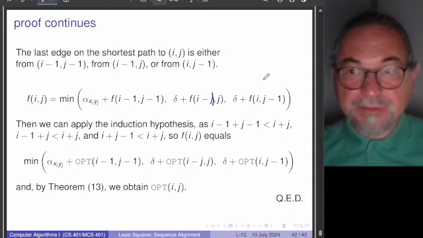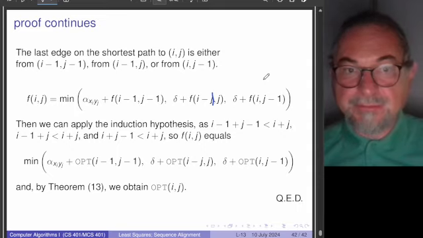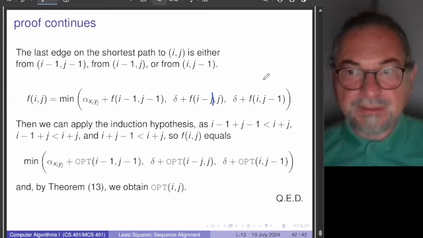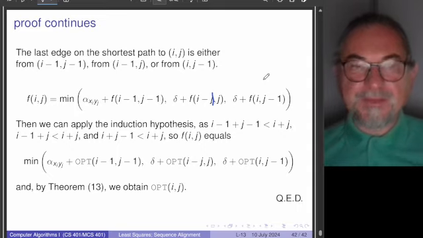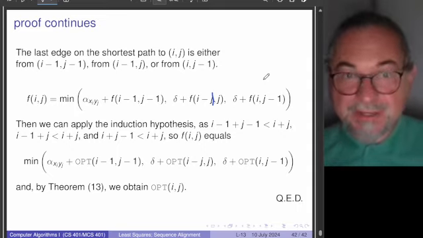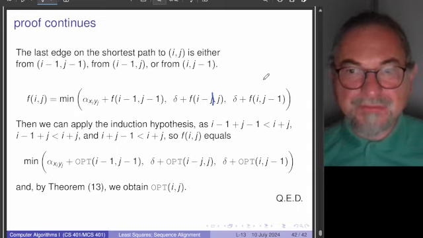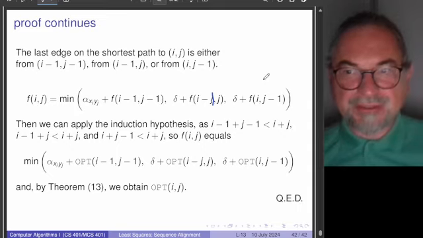Okay, we have thus an algorithm that produces the minimum cost alignment in time m times n. So fixing corrections for spelling errors is thus a problem that can be solved efficiently.